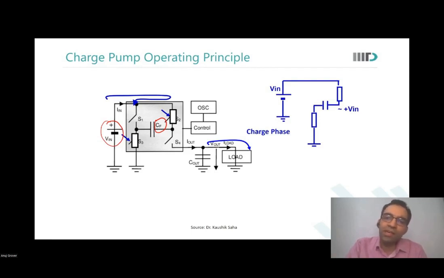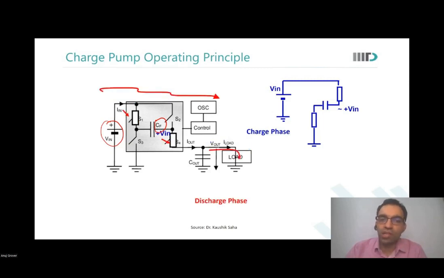So what have we seen so far? In charge phase, Vn was applied on one side and this kind of a path was created. In the next phase, what we do is we discharge. What does discharge mean? Now I close these two switches, and I open the ones that were closed earlier.